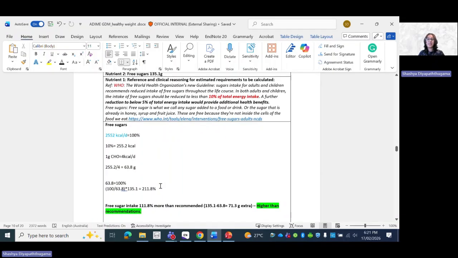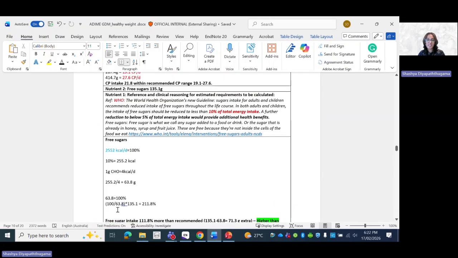So we need to see by which percentage she is exceeding that. So 63.8, we're considering that as 100% for this calculation. And if 63.8 is 100, what is 135, which is her actual intake?